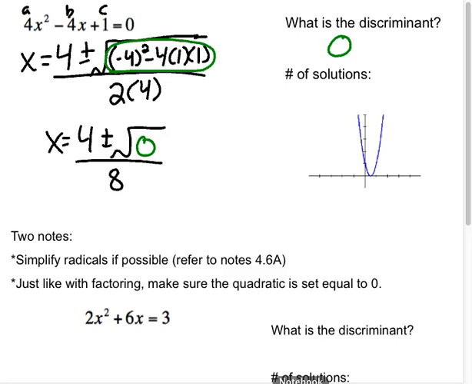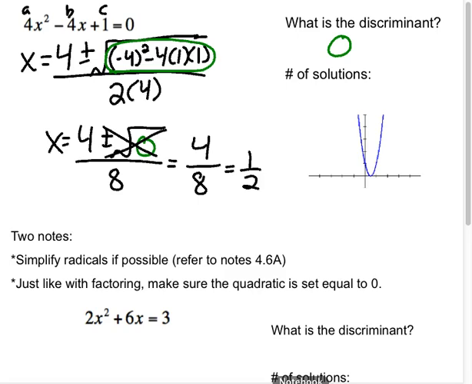Now this one, I'm going to take a little bit further, because the square root of 0, hopefully you know, is just 0. Whether I'm adding 0 or subtracting 0, isn't that the same thing? Wouldn't this just go away? I would just have 4 over 8, which gives me 1/2.